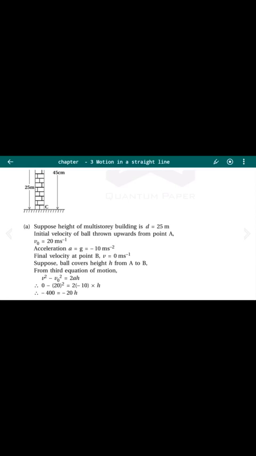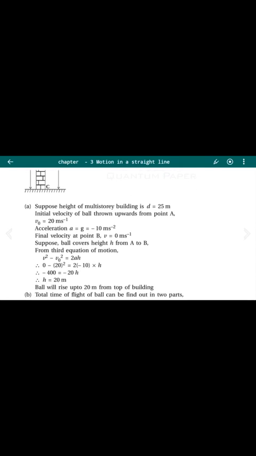So you need to see which terms are given in the data, and according to this data, the kinematic equation that can fit over here is v square minus v0 square equals twice a h. Here final velocity is taken as 0, so 0 square minus initial velocity, that is 20, so 20 square equals twice into acceleration, taken as minus 10, into h that we need to find out. So it will be minus 400 equals minus 20 h.